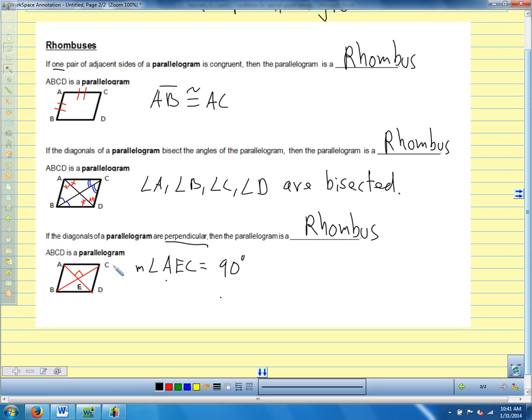So now we have some ways to decide if our parallelogram is a rhombus. We know how to show that a quadrilateral is a parallelogram, and we know how to show that a parallelogram is a rhombus or a rectangle. Any questions?